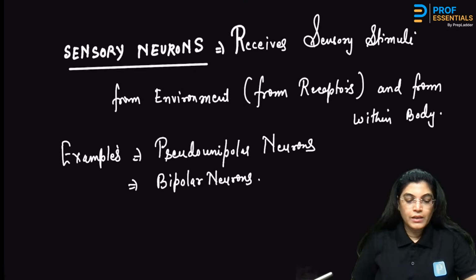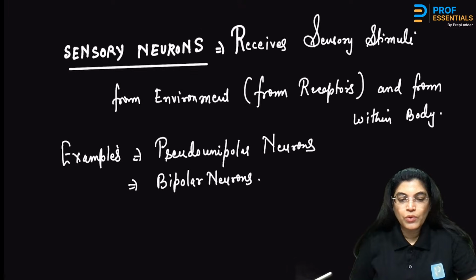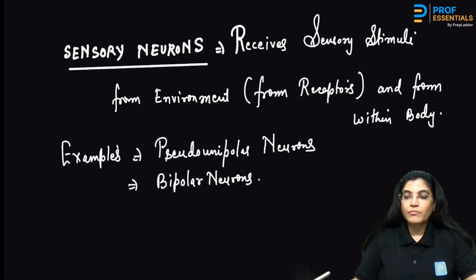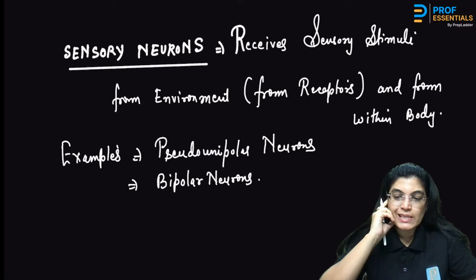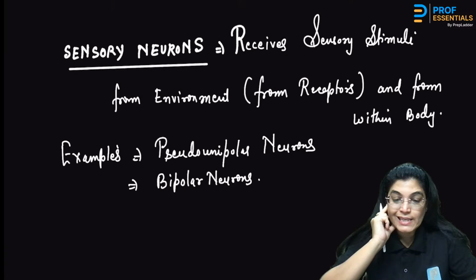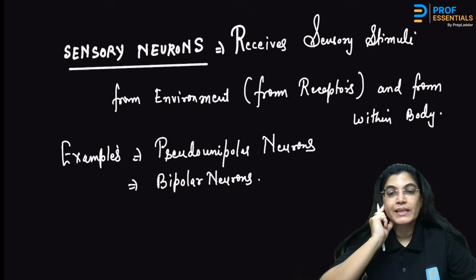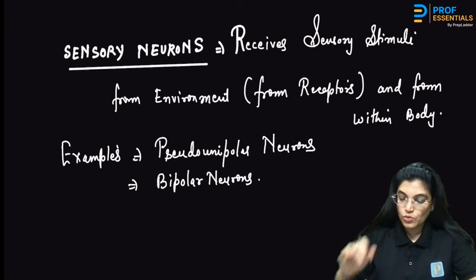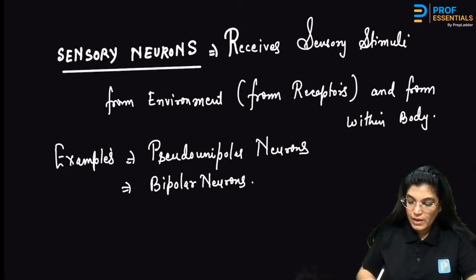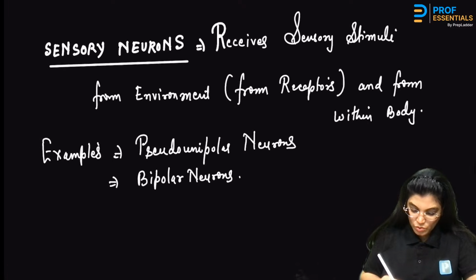It is also important for us to know that if I'm talking about sensory neurons, the cell body of all sensory neurons lies outside the central nervous system except the mesencephalic nucleus of trigeminal nerve. So please write a note point about sensory neurons.